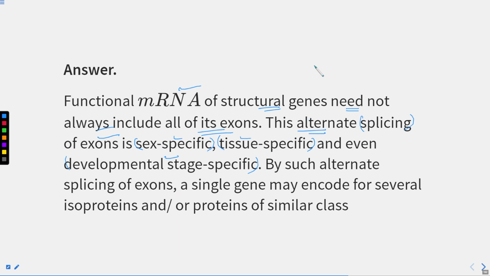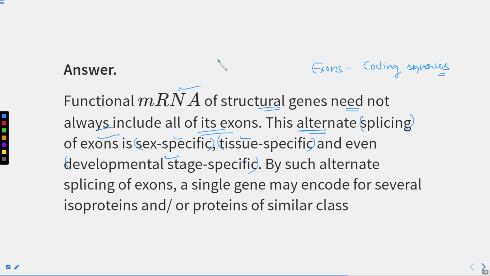Exons are the coding sequences, meaning they code for a particular polypeptide or protein. But due to alternate splicing, different proteins can form.